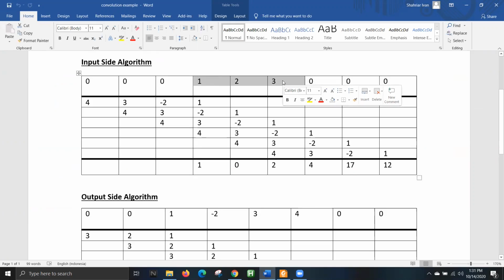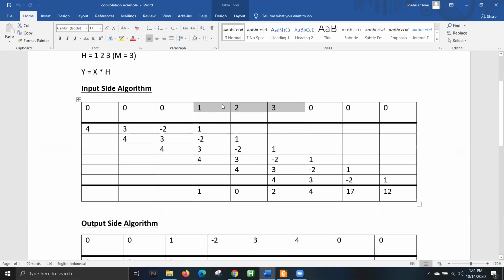That is what we define as our signals. Otherwise, every signal would be infinite. But we only take them as finite because we only take the values that we care about. Here, 1 to 3, these are the amplitudes that we care about, but we can have infinite zeros to the left and infinite zeros to the right. We only take as many zeros as we need for our input side algorithm and output side algorithm.